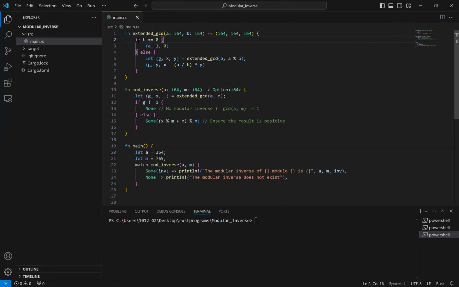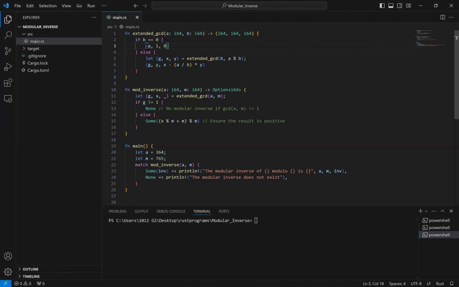So what happens if B, which is our M, is 0, then we get this result. What this result means is that if B is 0, the GCD of A and B will be A. That's what it's saying. That if B is 0 and A is a number, like we have 7 and 0, and you're getting the GCD, the GCD will be 7.